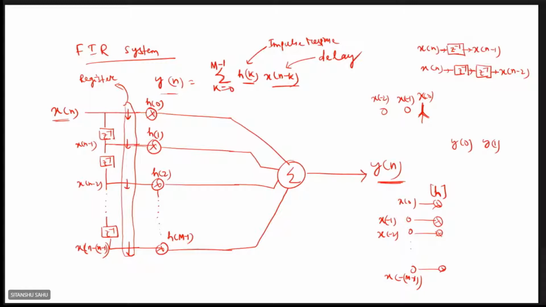Then first, for the first instant, when you are calculating y of 0. Then when you calculate y of 1, so what will be the scenario? So this h of value will be the same, okay, because it is not going to change.